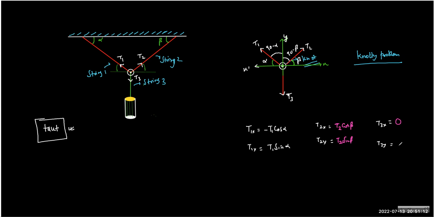Okay, anybody else? Siddhant, what is T3y? Minus T3. Minus T3 is the right answer. Very good. So it is along the minus y-axis, and the answer is simply minus T3. Or if you want, you can write T3 cos 180 degrees, because you have to turn from there to y by 180, right? So you have the answer, minus T3.